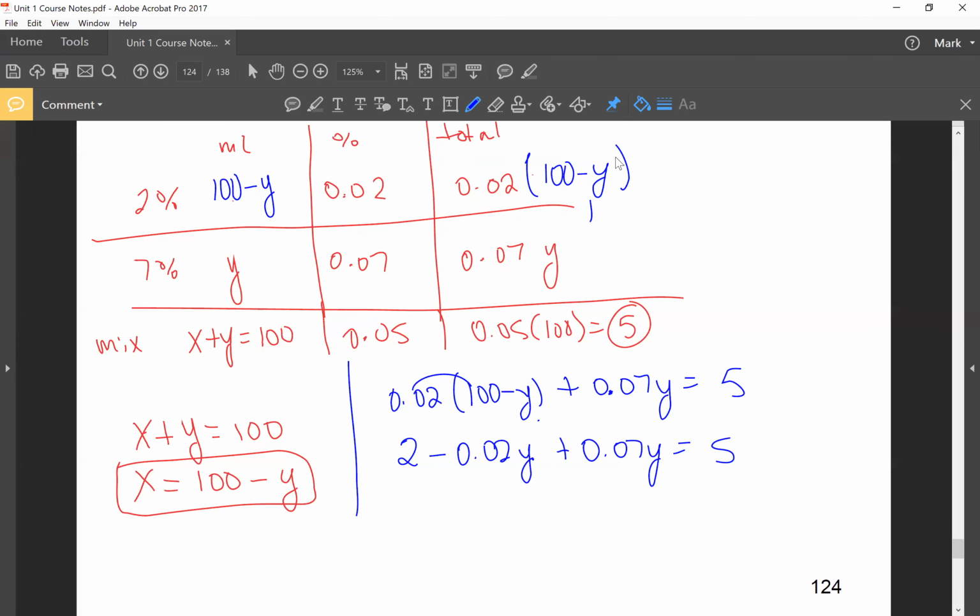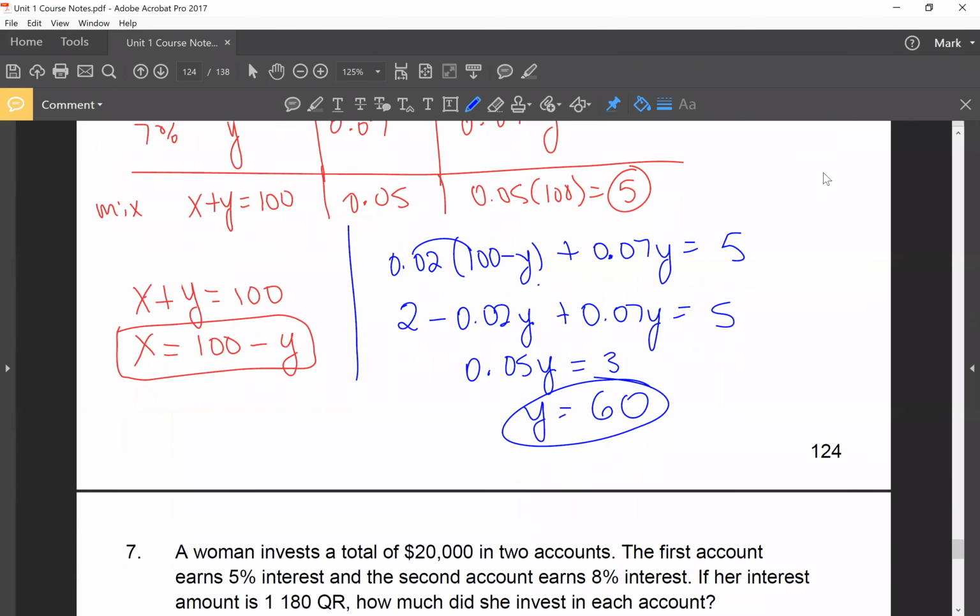So what I end up getting is 0.05y equals 5 minus 2, which is 3. And y would then be 60. Whew. So finally, I can solve for x. X is 100 minus y, or 100 minus 60. It's 40. And that's my answer.